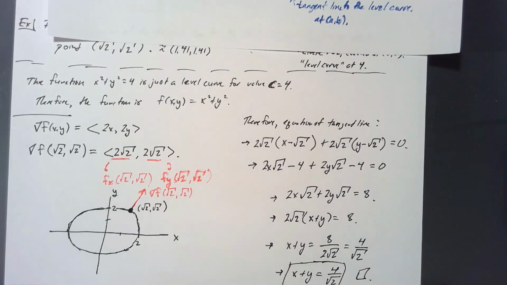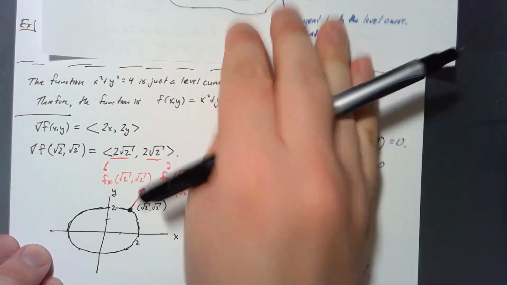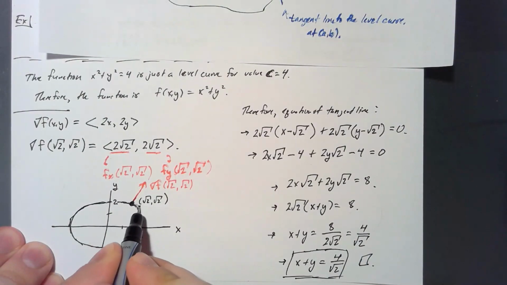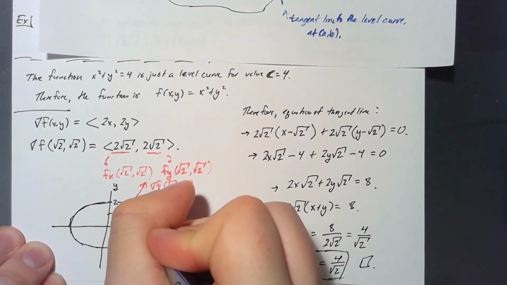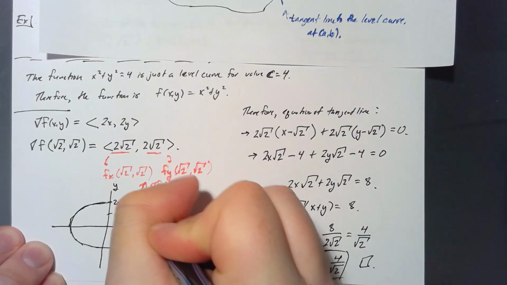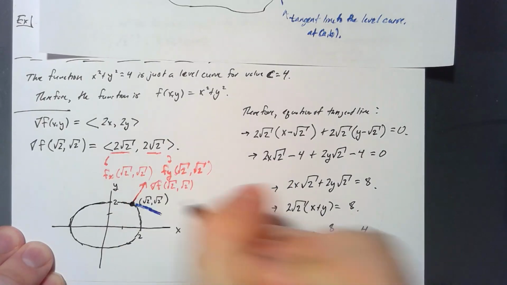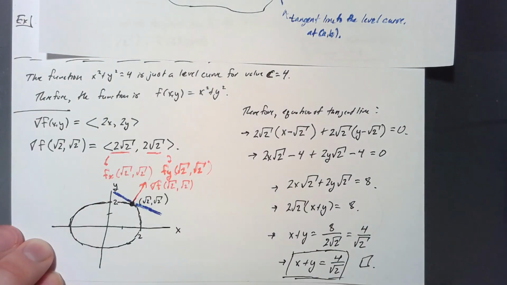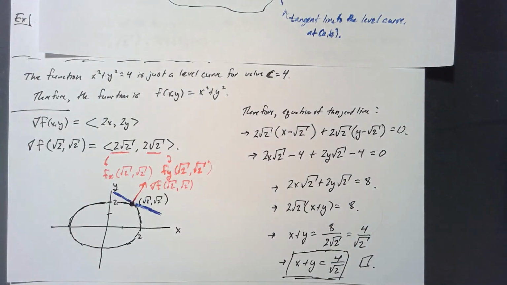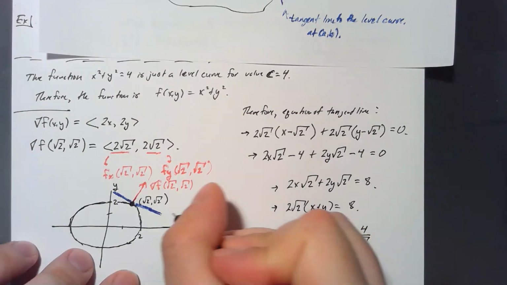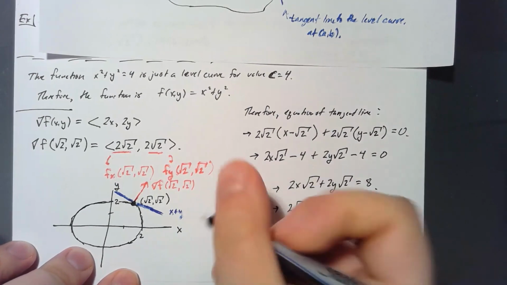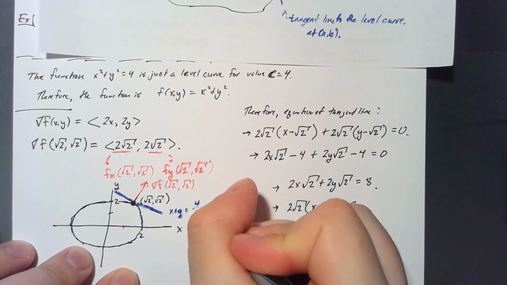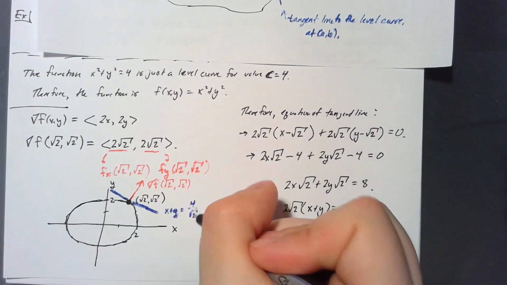And now the tangent line to the level curve at that point is going to be tangent to this, with my blue marker that's dying. So that's the equation. X plus y equals 4 over root 2.